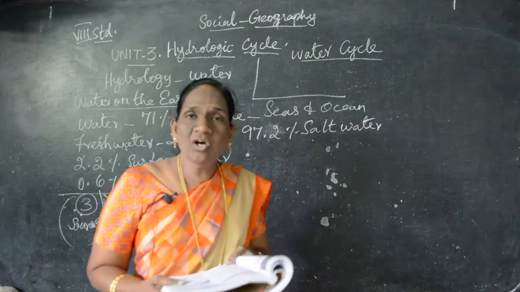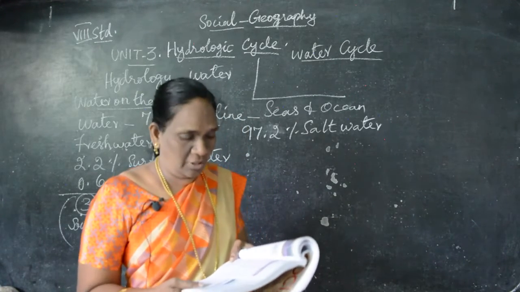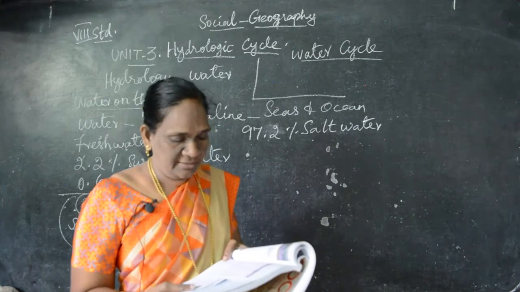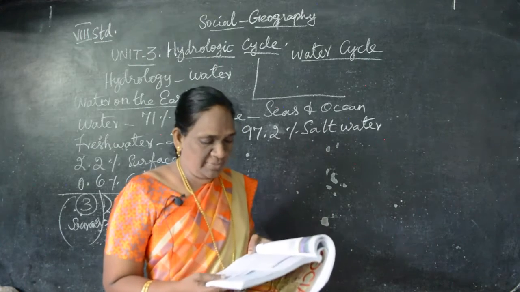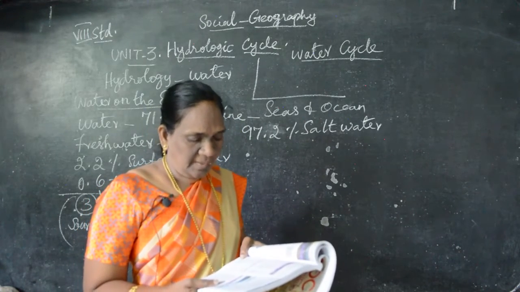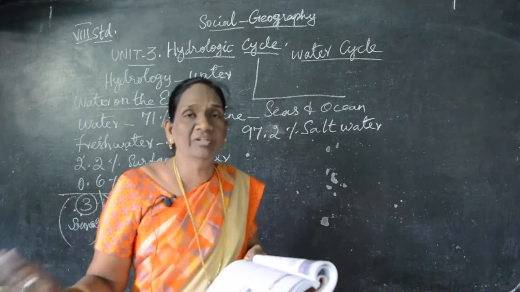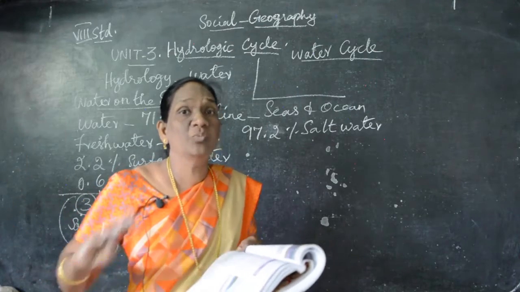Here, hydrology is the science by which we study about water, understand, various aspects of water, such as its occurrence, distribution, movement and properties on the earth planet. Understand? And this water which surrounds the earth is not uniform. It is non-uniform. The distribution of water varies.